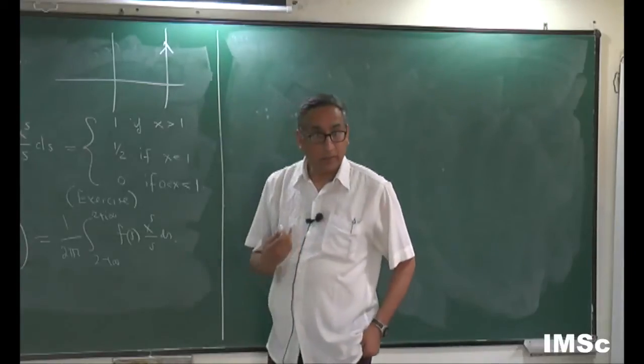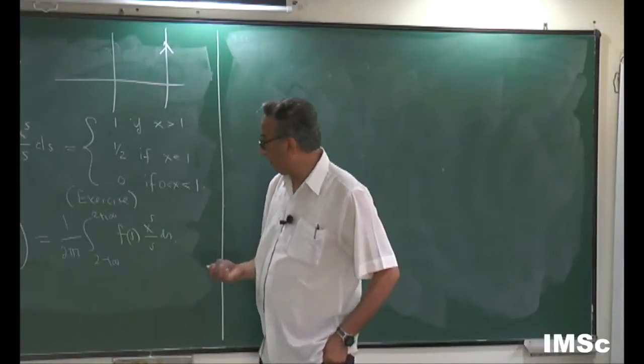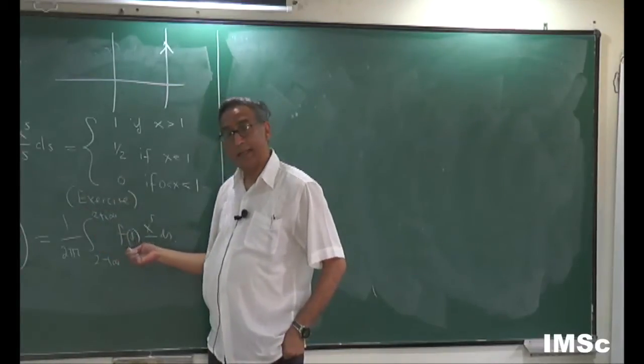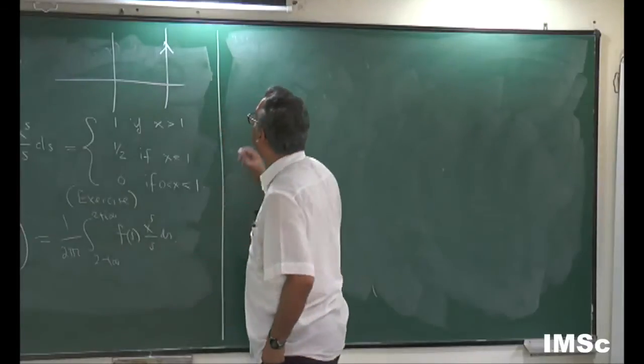Now, here's where the power of complex analysis comes in. Supposing f of s admits an analytic continuation to a larger region, then I can now replace this contour.